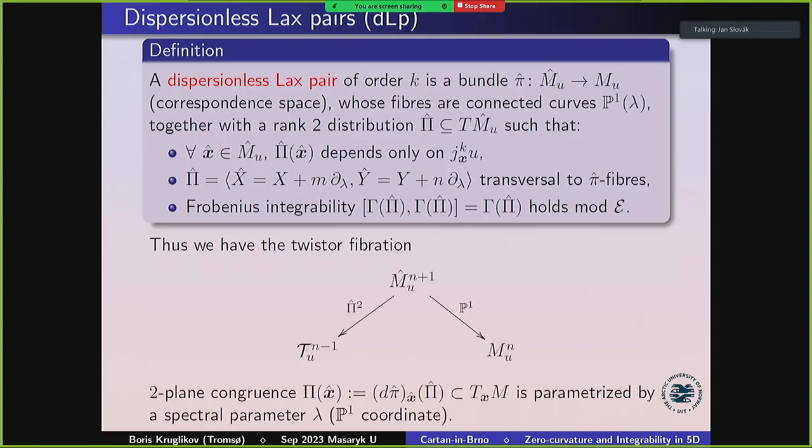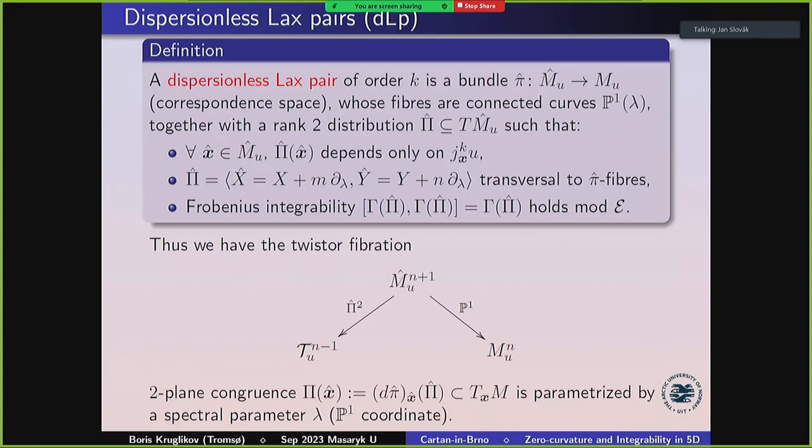So geometrically we have the following picture. If this is n-dimensional, the P1 bundle is n plus 1 dimensional. Here we have a rank 2 distribution, Frobenius integrable, if this satisfies the equation. So I can actually consider the local leaf space, n minus 2 dimensional. That's called twistor space. Then we call this pi, which is the projection of pi hat, a two-plane congruence.